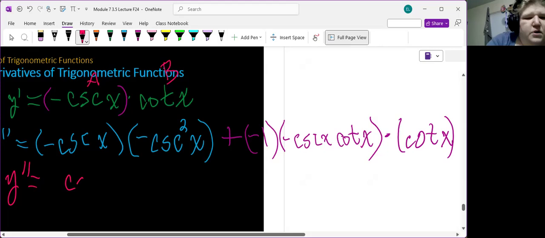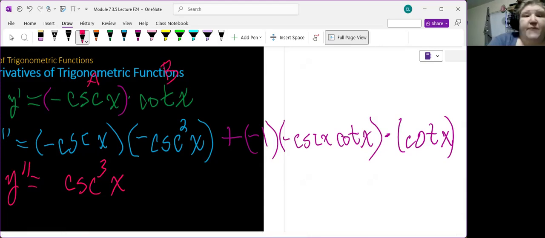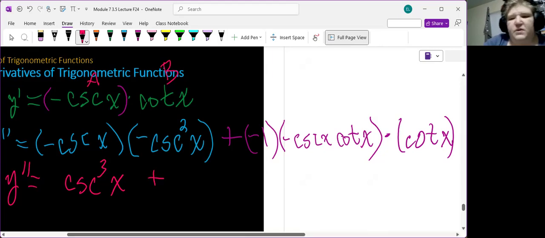So cosecant cubed x. And then here I have that -1 that came from A and the negative that came from the derivative. Those are positive. And then I have cosecant of x times cotangent squared of x.